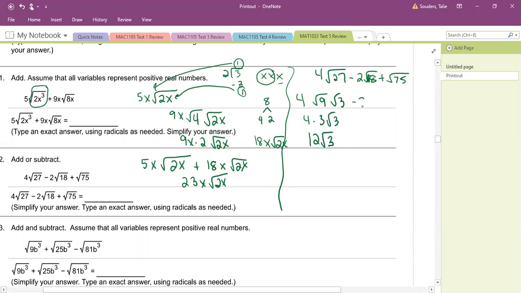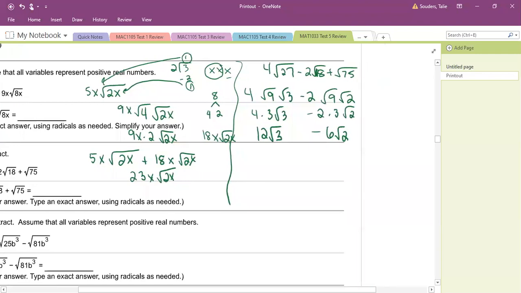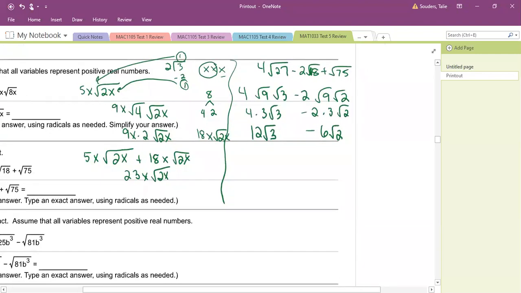What could you pull out of that? 3. Okay, and then 75. A 5. Good. 75 is 25 times 3. So I agree with you that you get a 5.